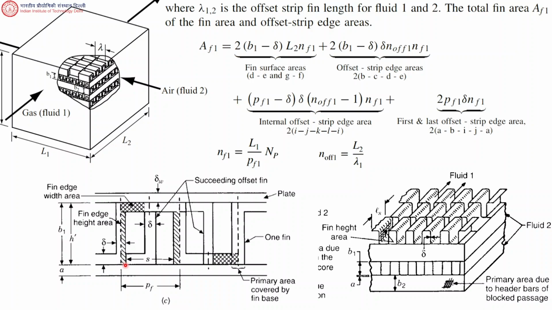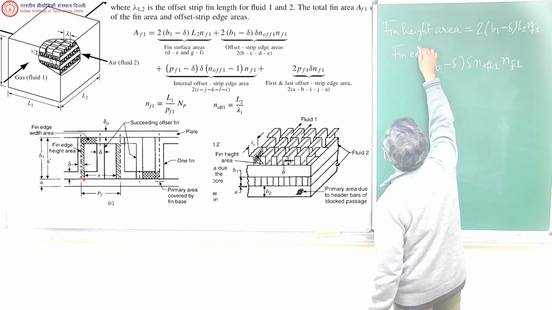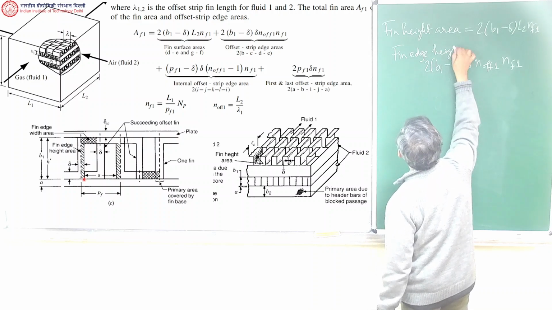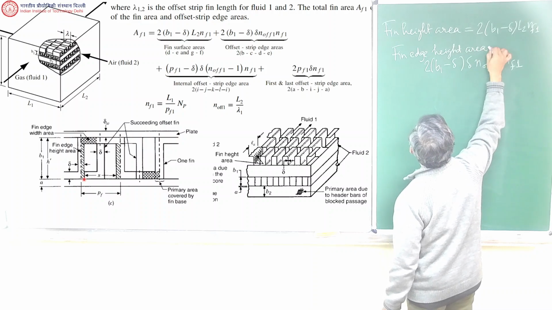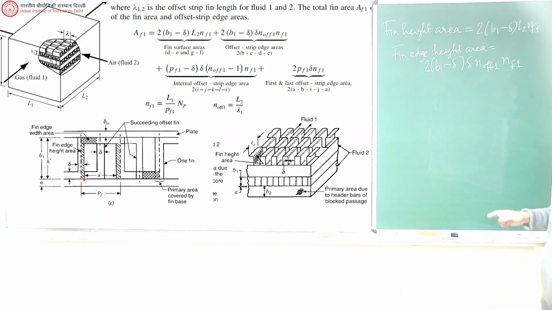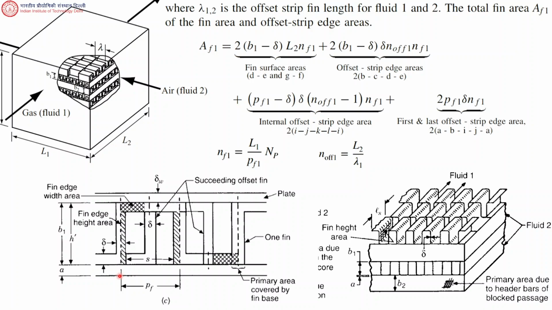This is the fin edge height area. You can see where the fin edge height area is in the lower left-hand side figure. You see what is marked? It's this vertical strip, correct?